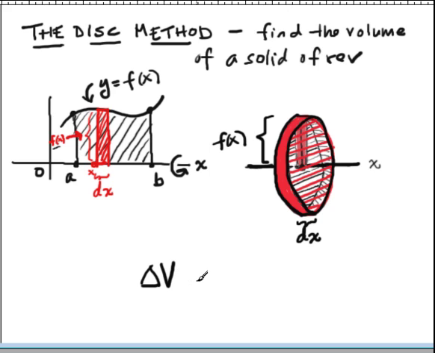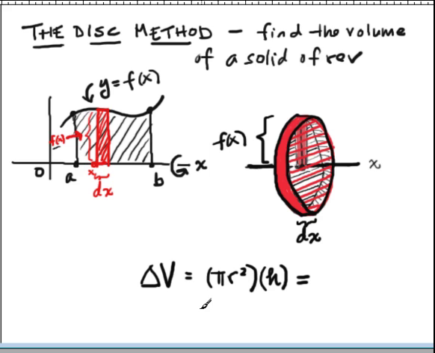So delta V is equal to pi r squared, the area of the circle, times the thickness h, h for height. Now let's substitute in f of x for r, and dx for h.